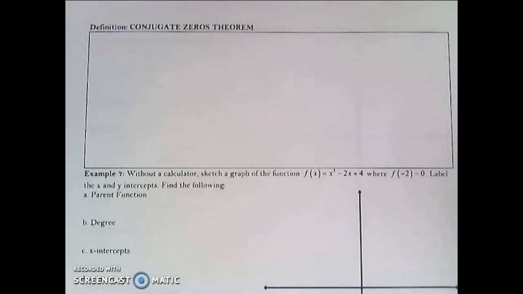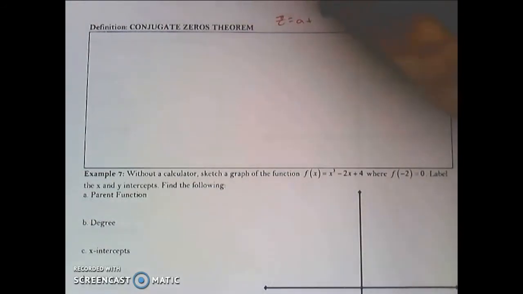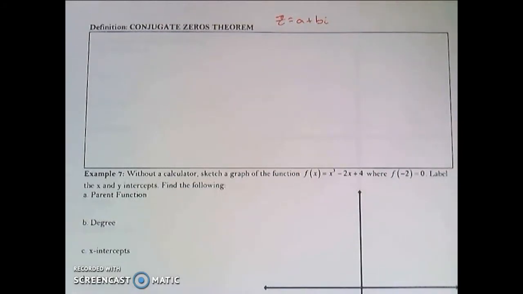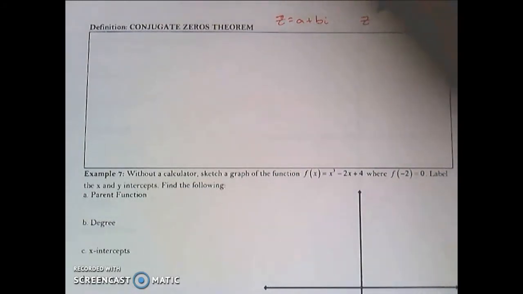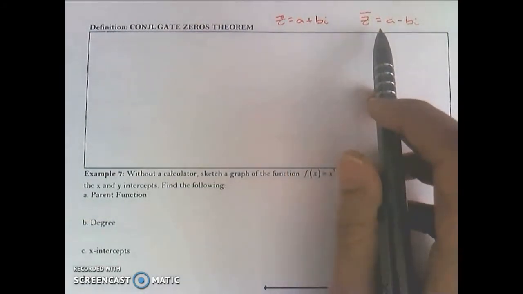So remember, a complex number I can write in the form z equals a plus bi, where its conjugate is a minus bi. So these are complex conjugates of one another.